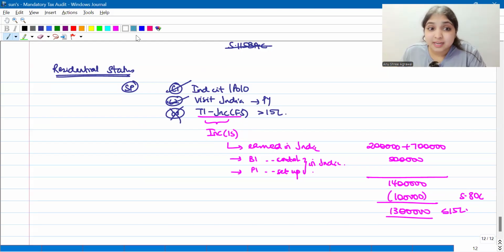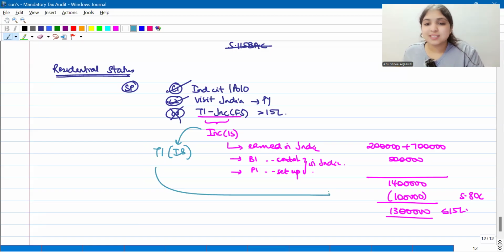This income from Indian sources is total income from Indian sources. You're understanding? Total income from Indian sources, total income, guys, which means I have to consider Chapter 6A here also, right? So total income from Indian sources, I'm not talking only about income which is earned in India. For this purpose, income from Indian source includes three things. But because it is total income, I have to consider Chapter 6A also.